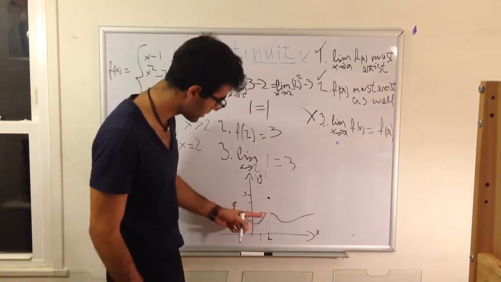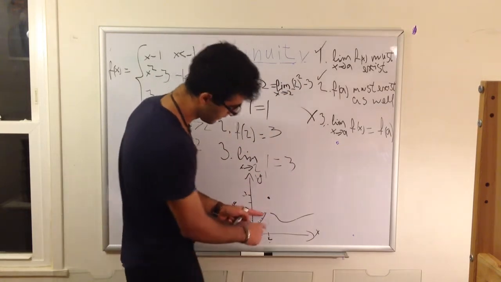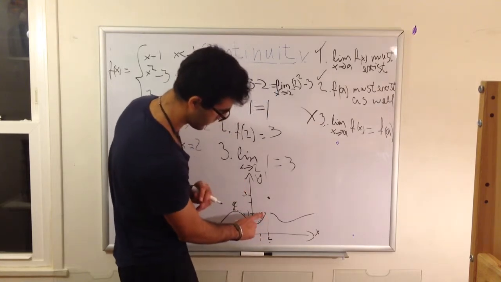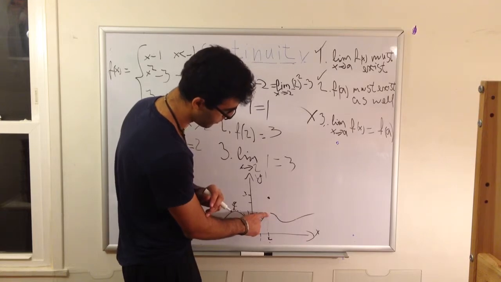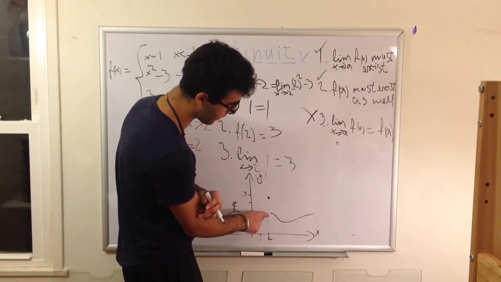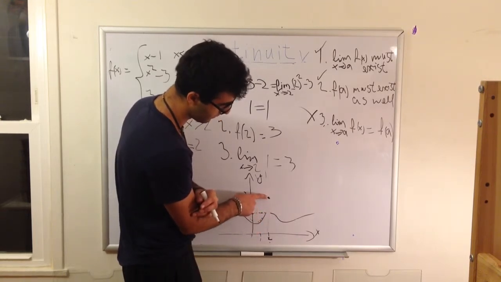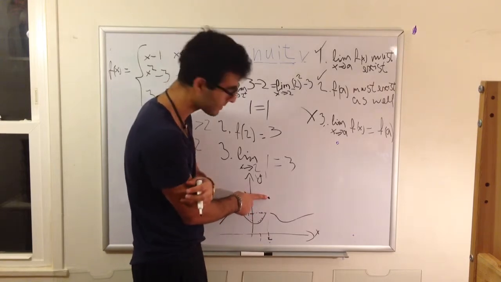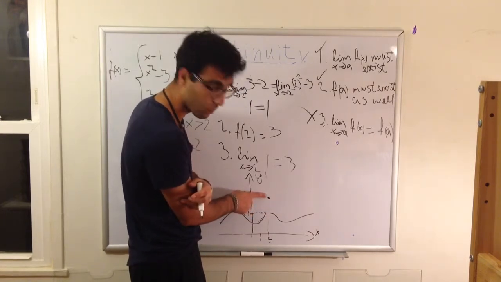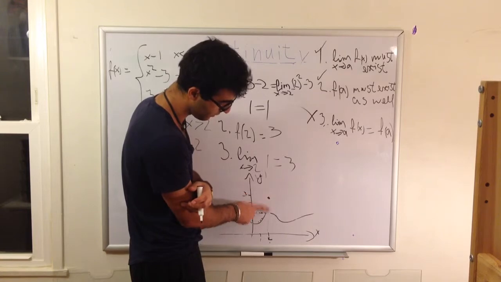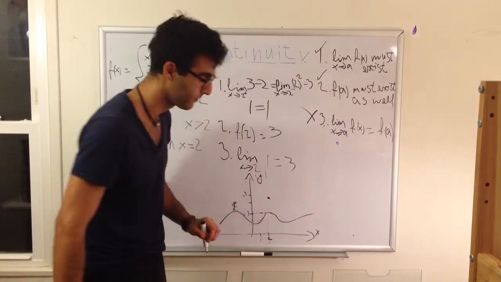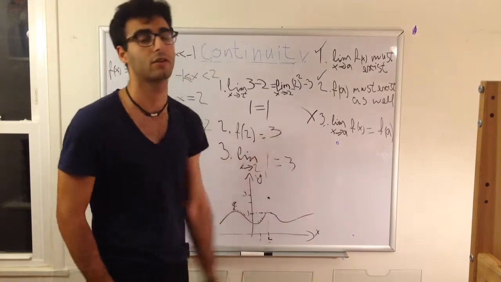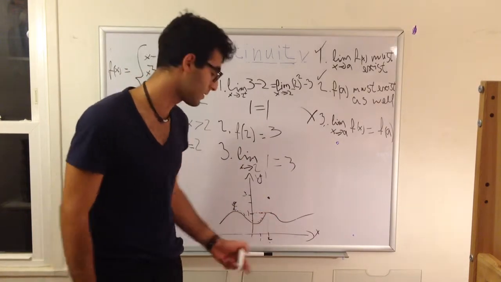In the third condition, we are saying that these limits, this 1 and this 1, must be equal to this value. If the 3 were a 1, then this value would be here, and we could connect those like a bridge, and then the function would be continuous.